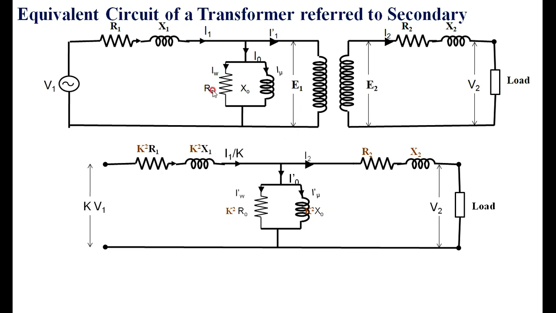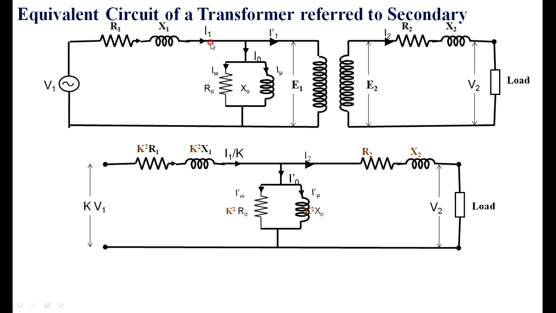Similarly, R0 in the primary is equal to K square times R0 in the secondary. Similarly, X0 in the primary is equivalent to K square times X0 in the secondary. This is how we have to transfer these parameters to the secondary side.